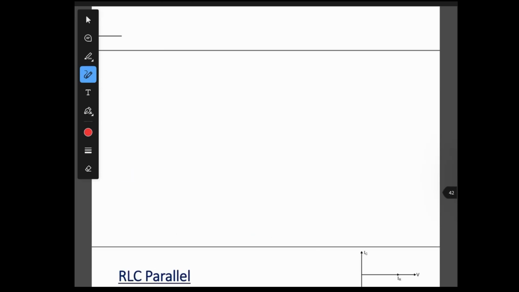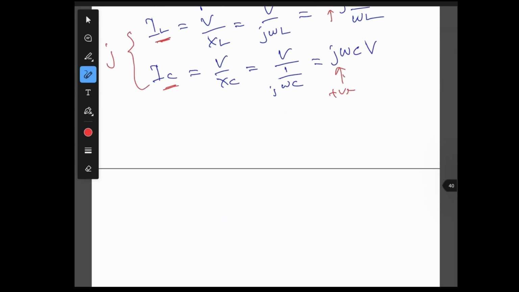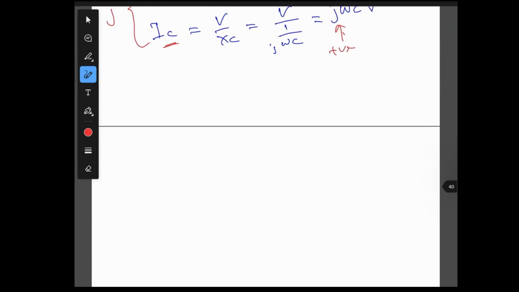Now I'm going to explain leading and lagging. I believe you already learned in secondary school about angles. How do we read an angle?